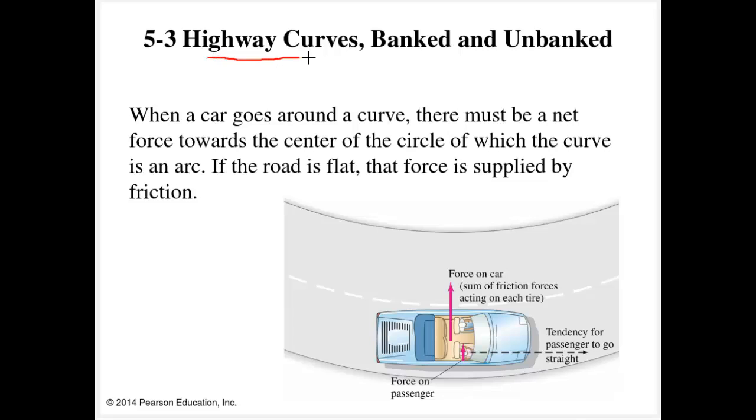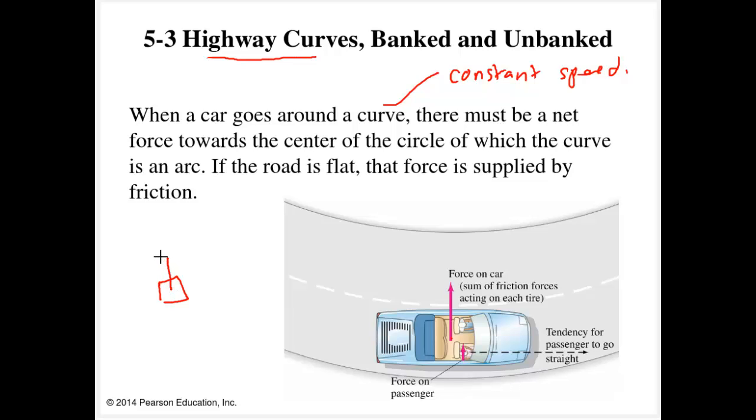Same type of thing applies to highway curves. When a car is going around a curve, it can even be at a constant speed. It must be accelerating. It's going to be accelerating towards the center of the circle, and there must be a net force acting on the car towards the center of the circle.